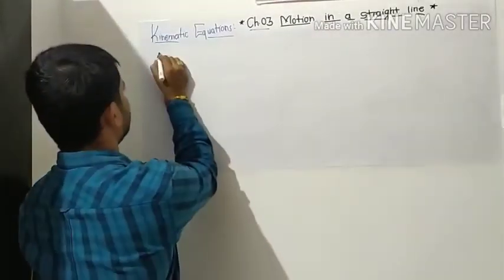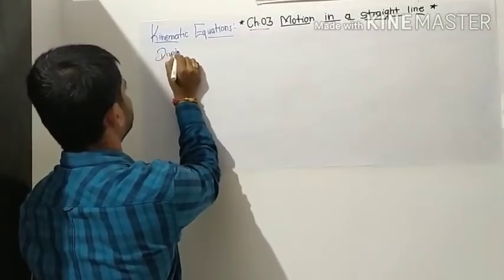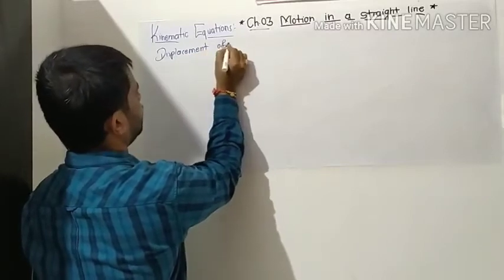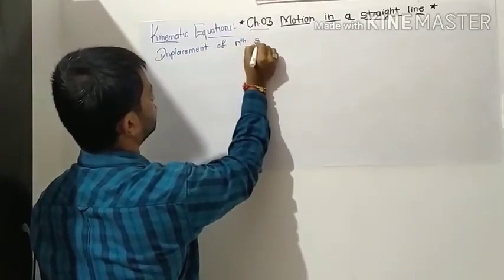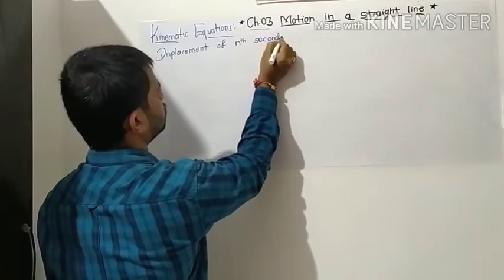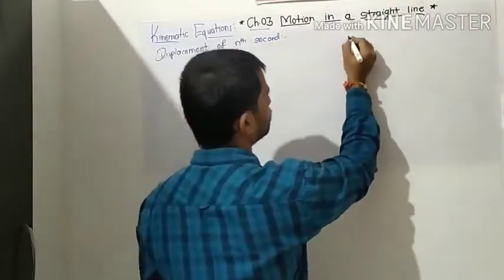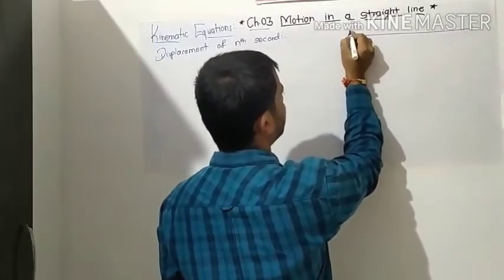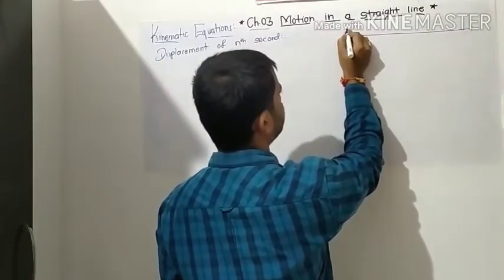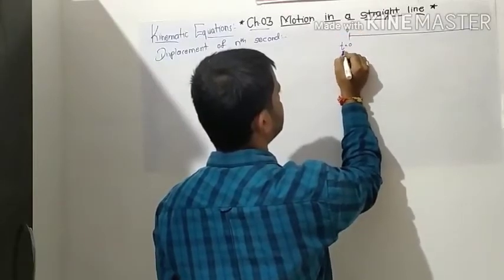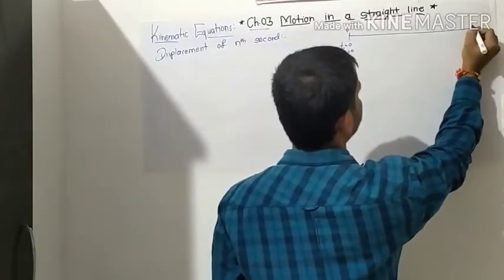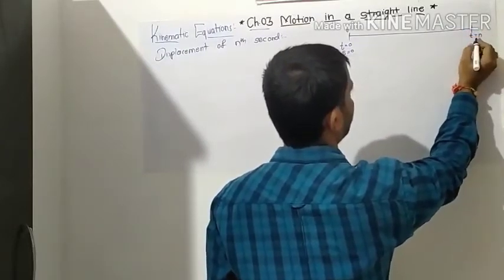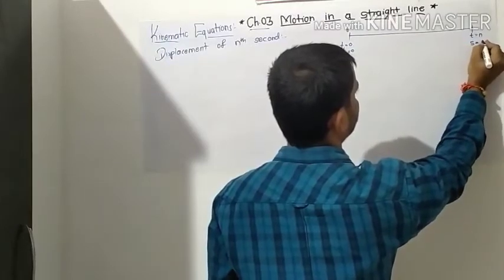If we draw one diagram here, initially you are at t is equal to 0 and your velocity is u, and your displacement s is equal to 0. Now you have completed the time t is equal to n and s is equal to s suffix n.